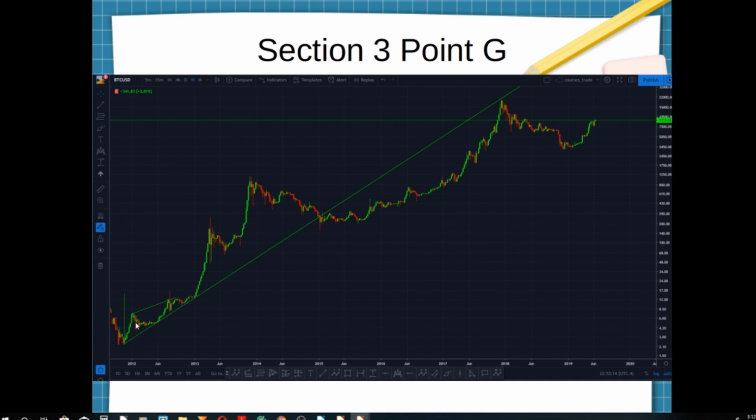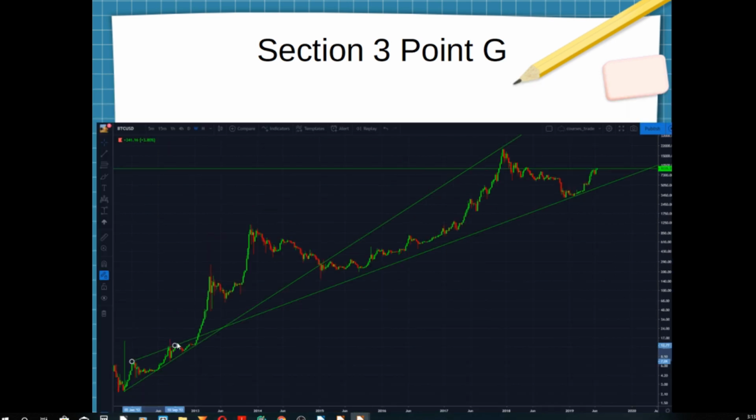Now, using this simple trend line, this trend line is only 1 year old. Using the extended trend line, you could have had an idea of where the bear market of 2018 was going to end. You could have spotted the end of the bear market of 2018 with extreme precision.